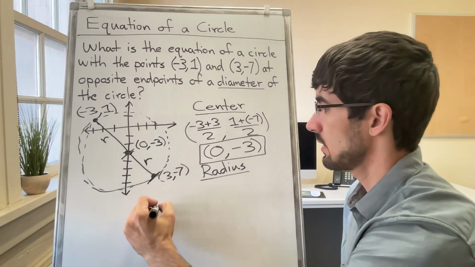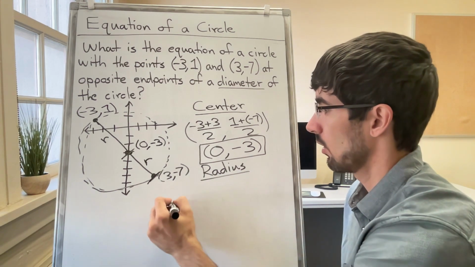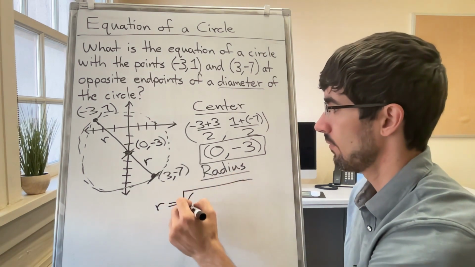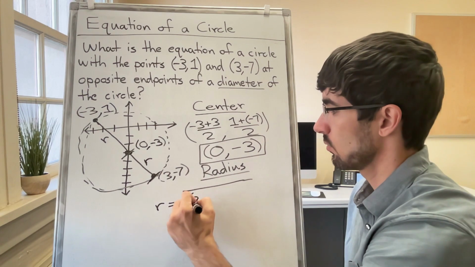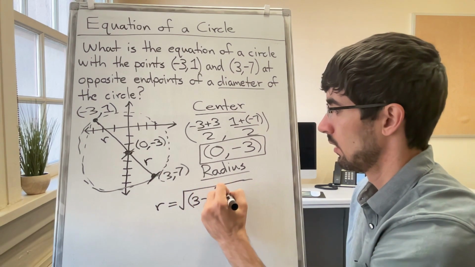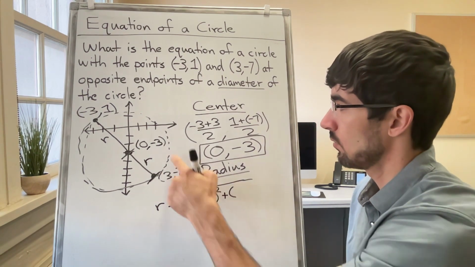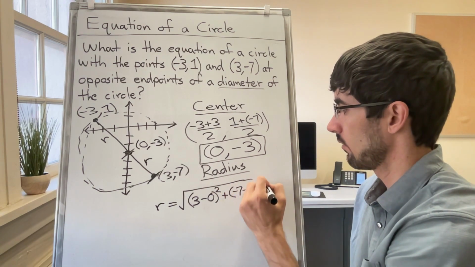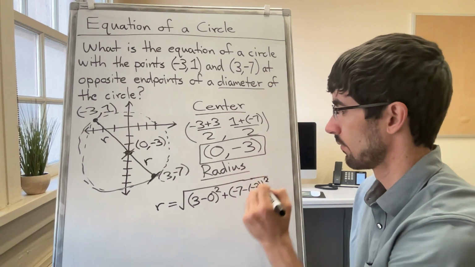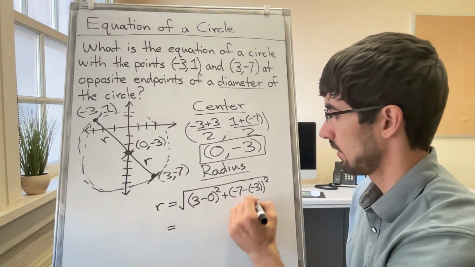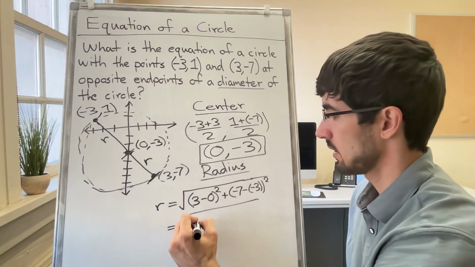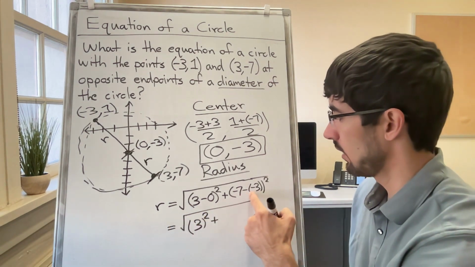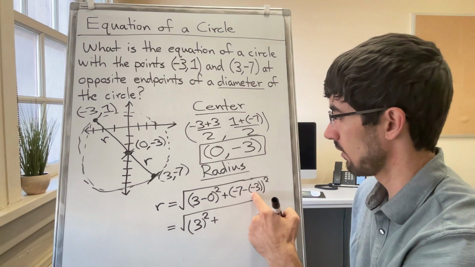So we know from the distance formula that d, or I'm going to call it r in this case, is the square root of (x2 - x1)² + (y2 - y1)². So negative 7 minus negative 3 squared. Let's simplify this result. 3 minus 0 squared is 3 squared, plus negative 7 minus negative 3 is negative 7 plus 3.